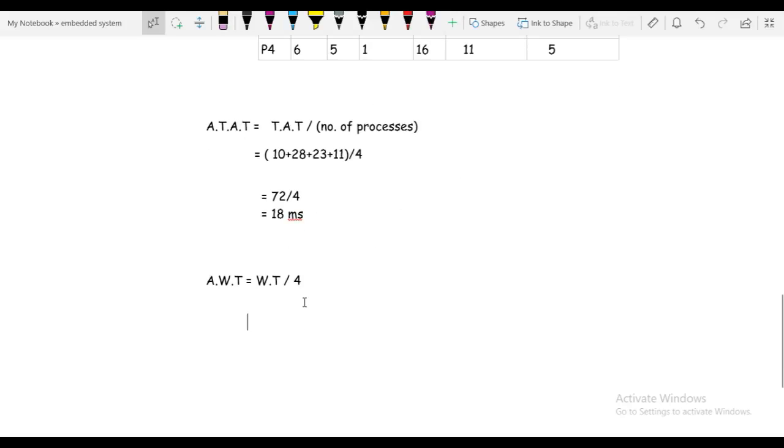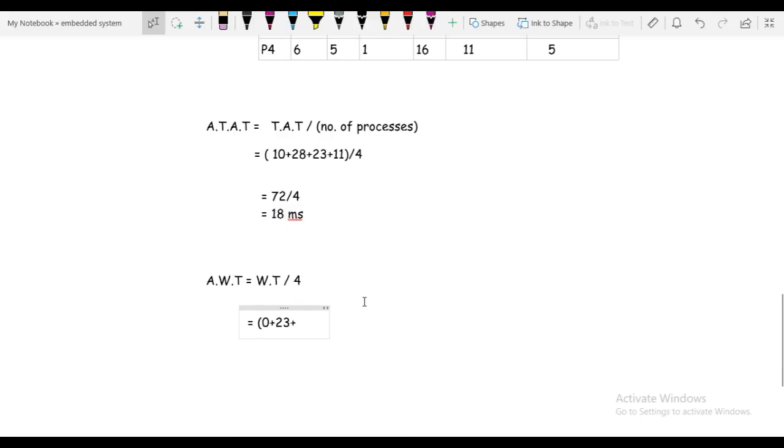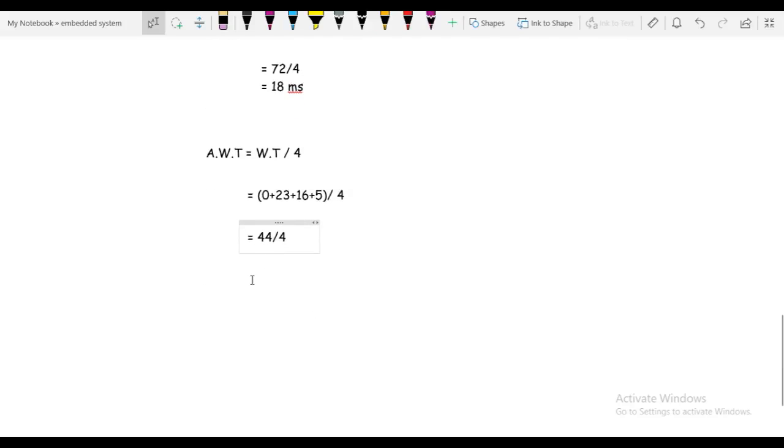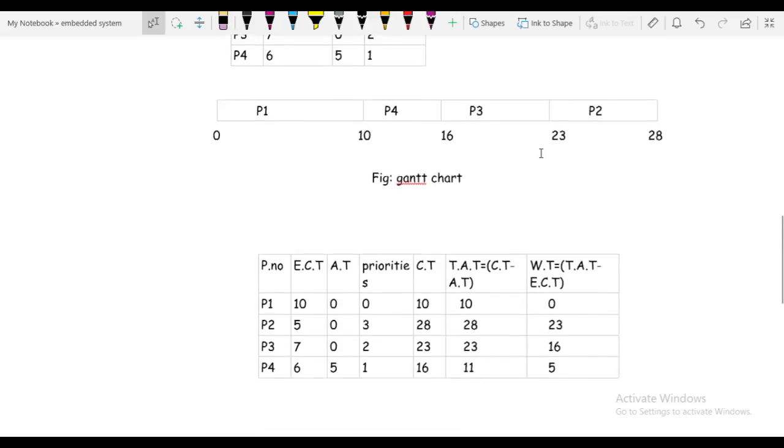Waiting time is 0 plus 23 plus 16 plus 5, right, by 4, and that will give you 44 by 4, and the answer is 11 milliseconds, right?